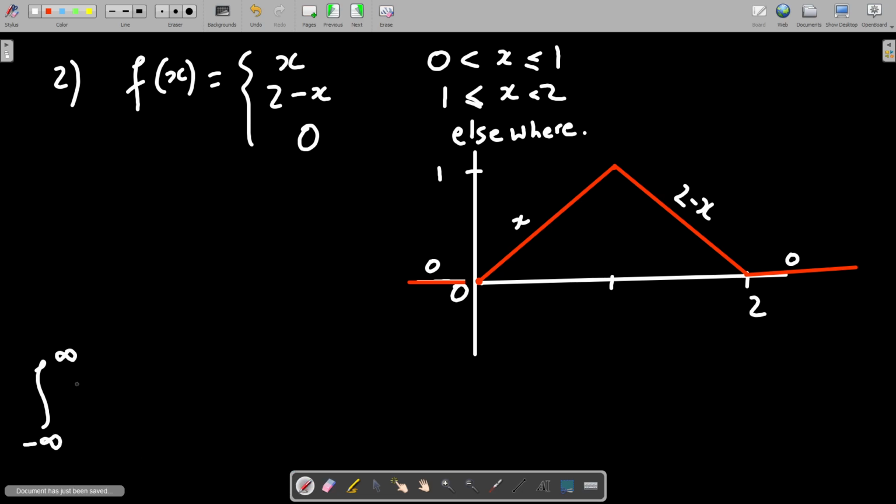Say for example, I want to integrate f of x. So this is what we have to do.